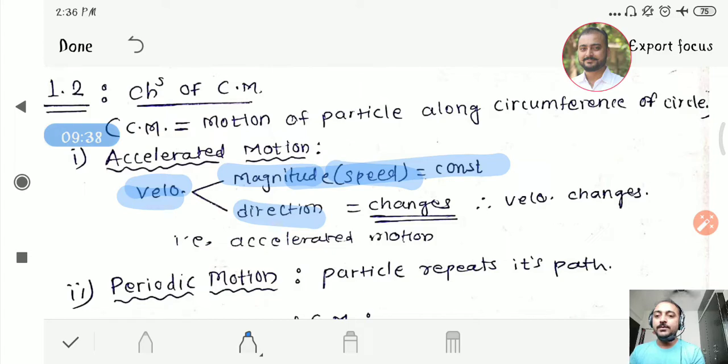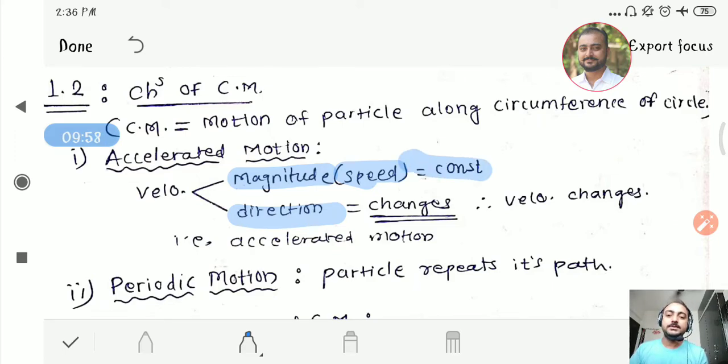Listen again, velocity is a vector quantity, having magnitude as well as direction. The magnitude of velocity means speed, and in circular motion the speed remains constant, which is called uniform circular motion.